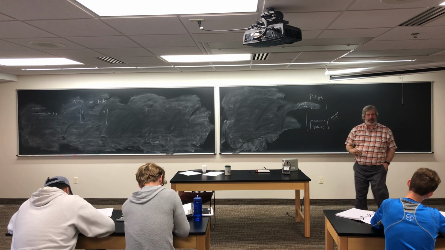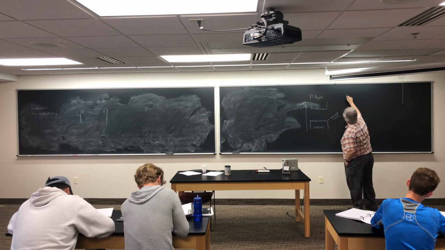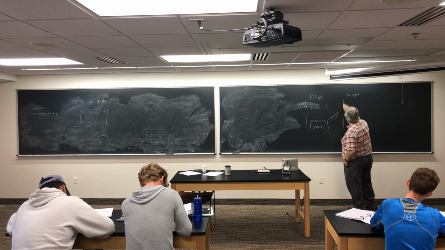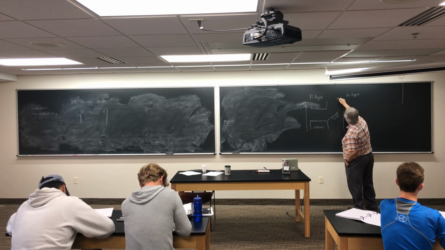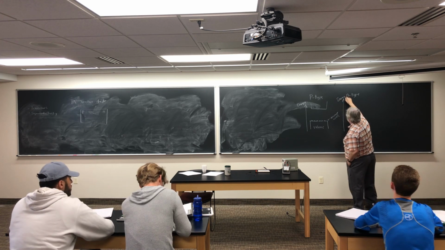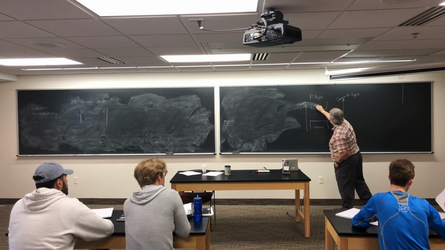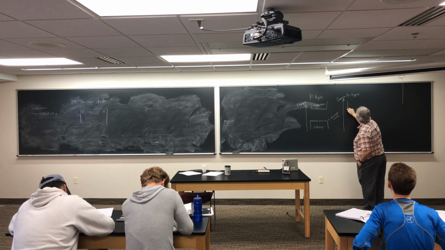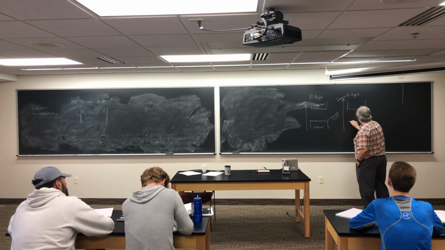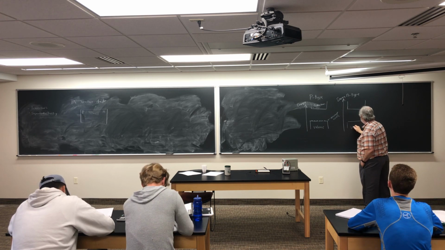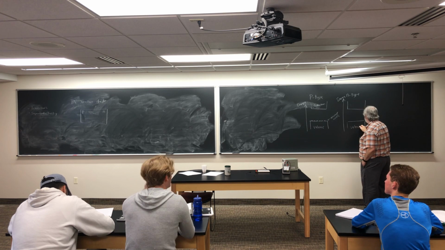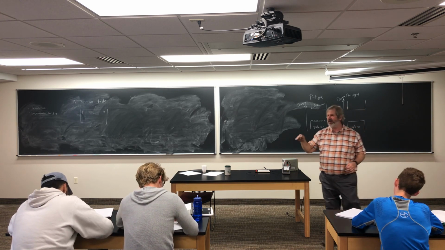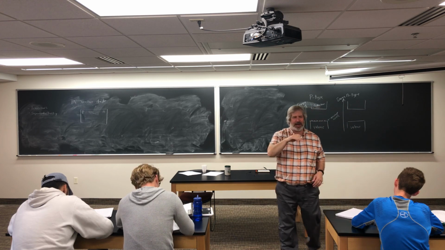But when we make an n-type semiconductor, this is our conduction band. We have the valence band down here, and now we're putting in materials with an extra electron, and that extra electron is not really tightly bound to any local atom.